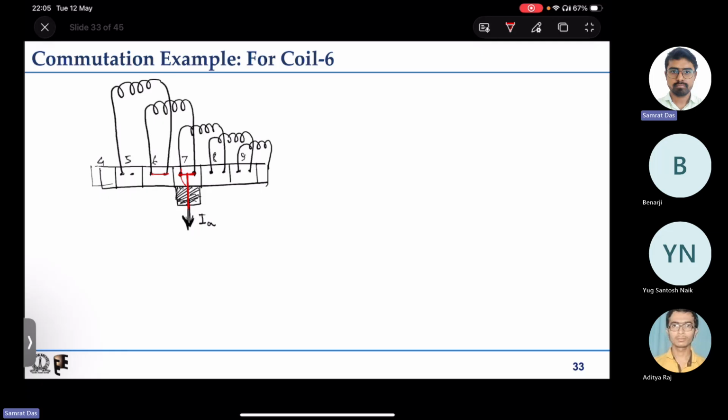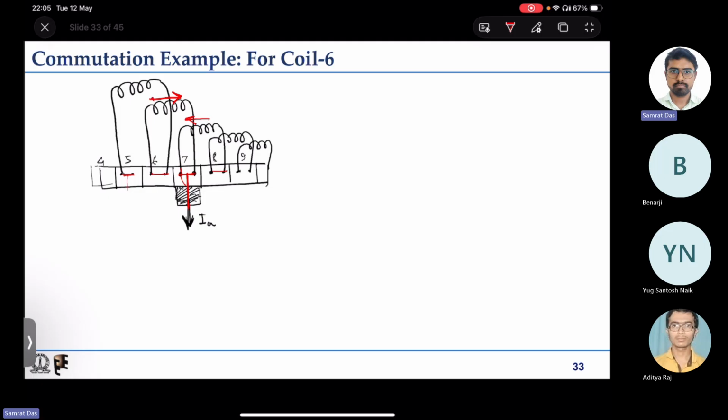These are also connected, but you can see that there is no brush connection to take the current out to the external world. So half of the current is coming from the seventh one, and another half is coming from the sixth one, like this.